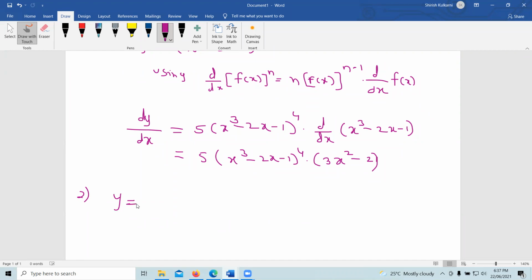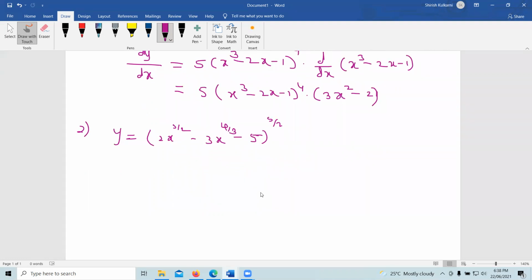Let us denote the given problem as y, y is equal to 2 x raised to power 3 by 2 minus 3 x raised to power 4 by 3 minus 5 raised to power 5 by 2.